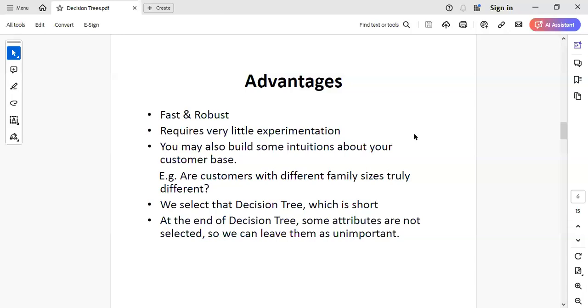Decision trees are primarily used for classification rather than regression. Now we are learning two new terms, regression and classification. What is that? Suppose India and Pakistan are playing a cricket match, and some analysts want to predict which team will win, India or Pakistan.